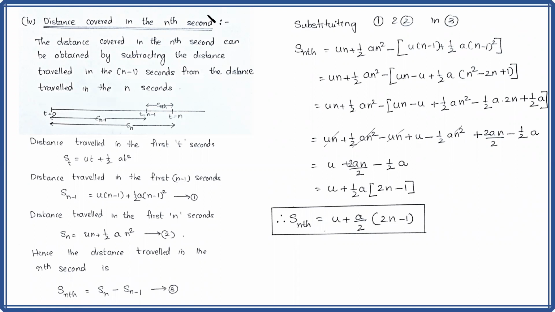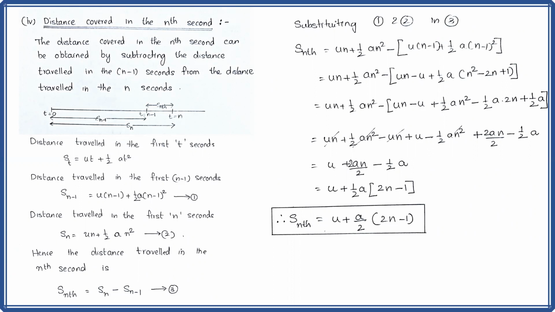So what we are doing here is, for example, we want to know the distance traveled in the 7th second. If the journey is for 7 seconds, just for example, we will find the distance traveled in the 7 seconds. We will also find the distance traveled in the 6 seconds.